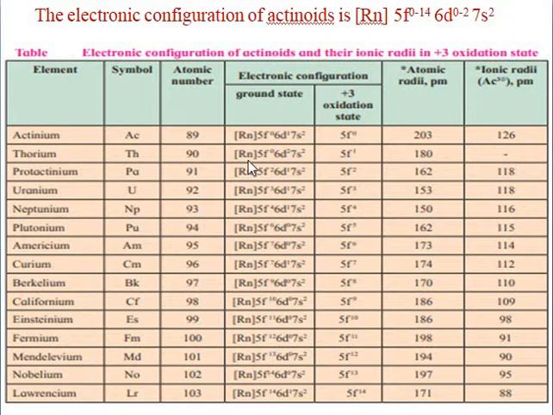The following table shows the electron configuration of actinoids and their ionic radii in +3 oxidation states: elements, symbol, atomic number, electronic configuration in ground state and +3 oxidation state, atomic radii in picometer, and ionic radii of actinium 3+ in picometer.